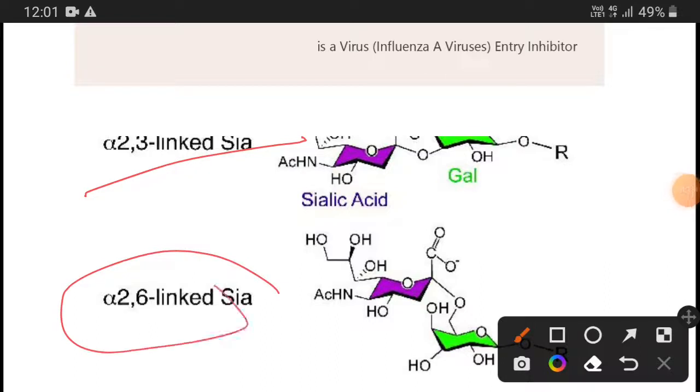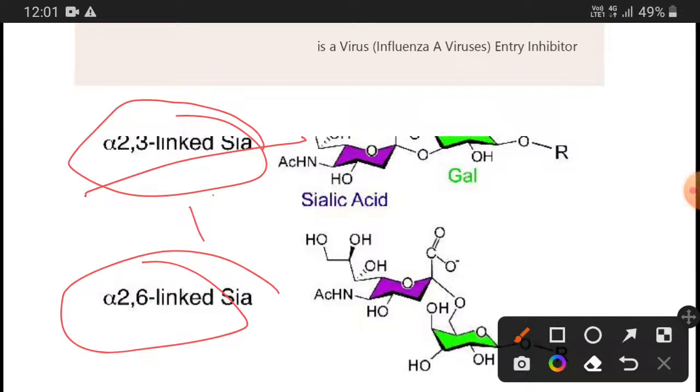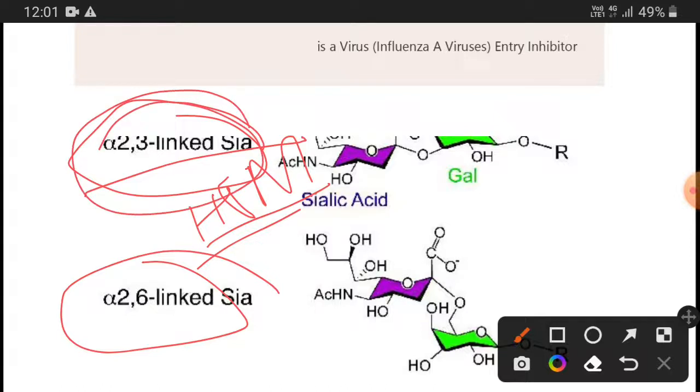If an alpha 2,3 linkage is recognized by the hemagglutinin, make sure your virus is H5N1, that is the avian influenza strain. But the avian influenza strain cannot easily infect humans because those linkages are present deep in the respiratory tract, so it is quite difficult for them to reach there.